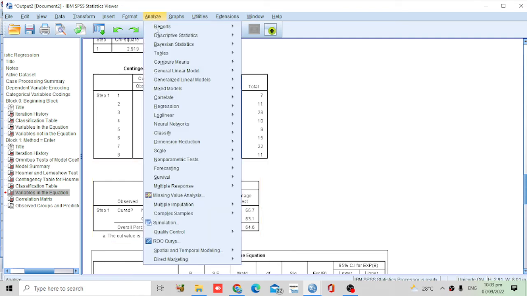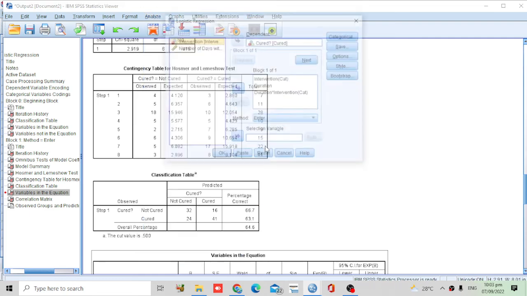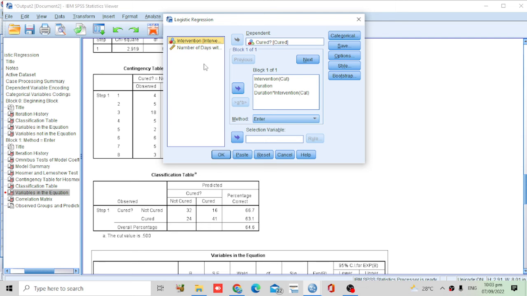So if you try to remove some of the independent variables in our study, our final model might be improving.